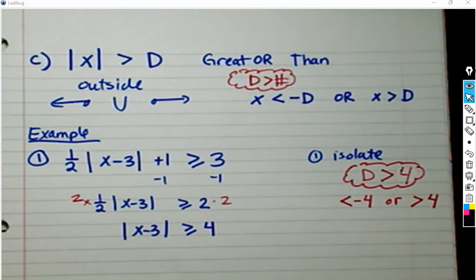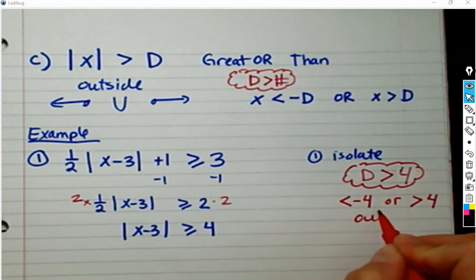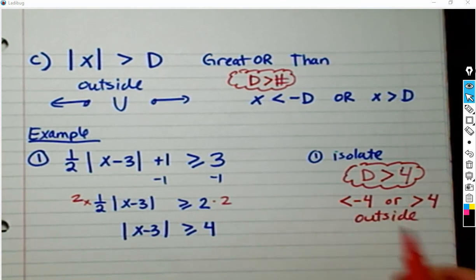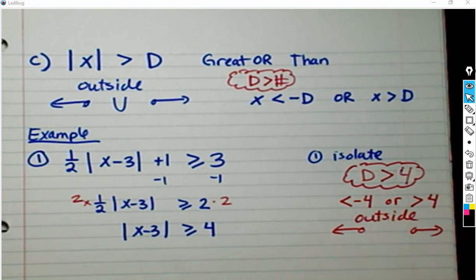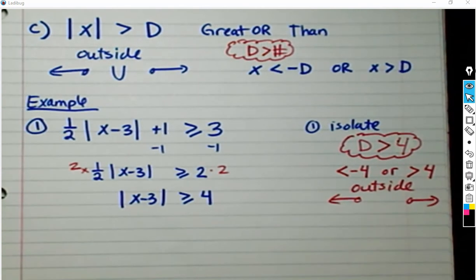The thinking part is how you split this up. It's gonna go to the outside, so it's gonna look like this. You gotta go left of the left side and right of the right side. That's the thinking part.